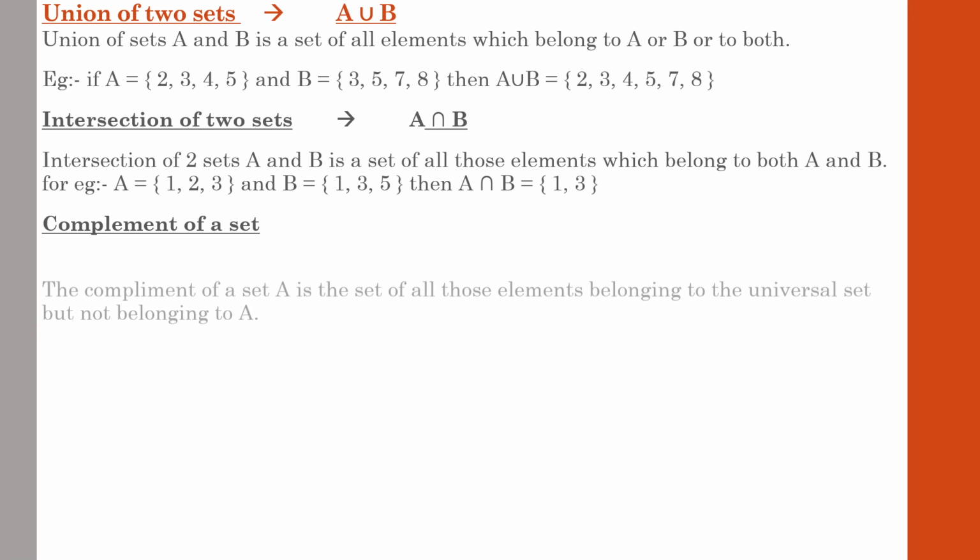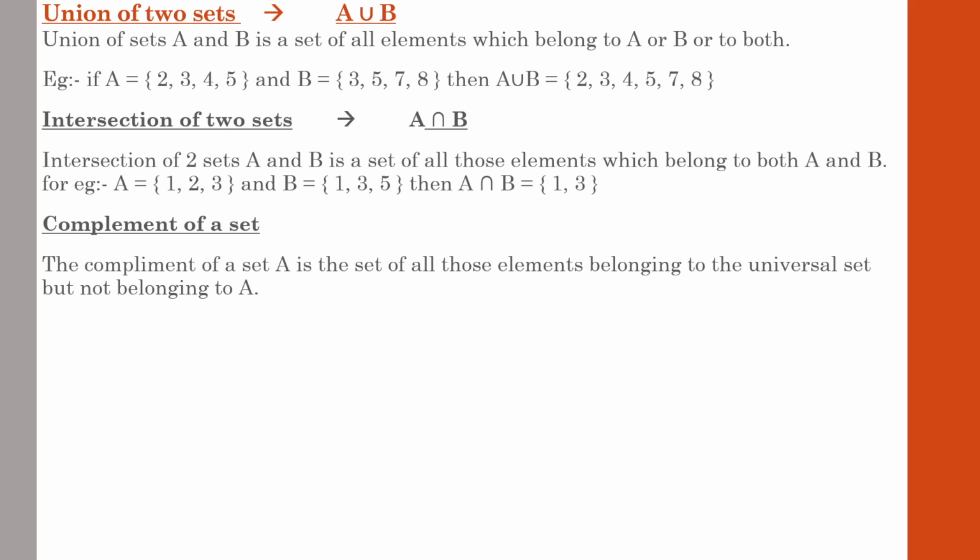For the time being, we are using A as the set of all those elements belonging to the universe set but do not belong to A. That is known as the complement of a set, and it can be represented by the sign A raised to C, or otherwise known as A dash, and it is otherwise represented as U minus A. U means whatever subject you are learning in detail, that entire aspect is known as the universe.